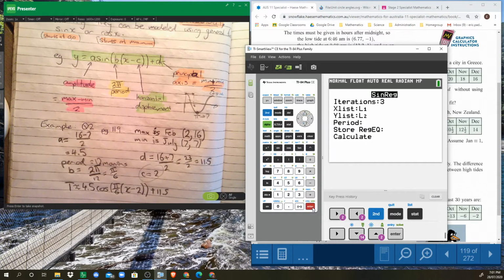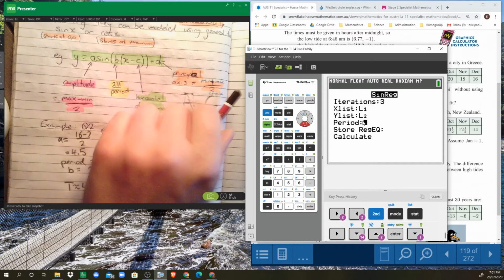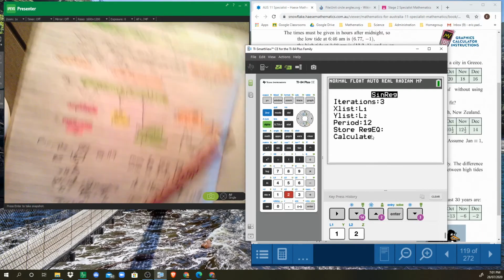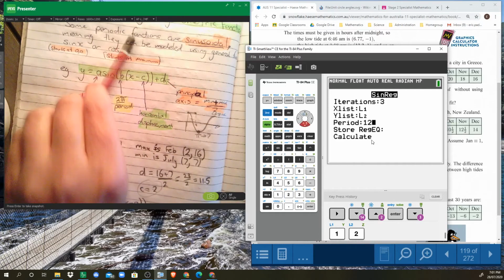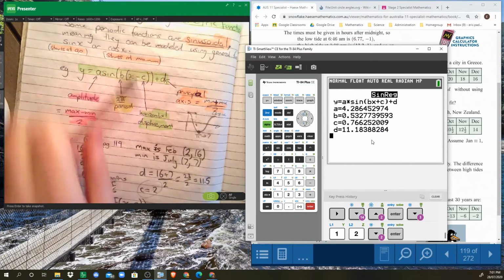Okay, sine regression. List 1, list 2. I might even see if I can set that with the manual period of 12. I did this without it, and I did get a value that seemed to work okay. But let's have a look. Okay, so I'll write this down.